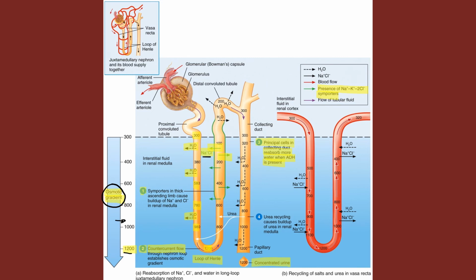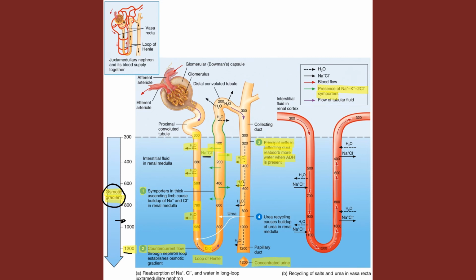So if you are losing a lot of water through sweat, or you're consuming a lot less water throughout the day, antidiuretic hormone is going to be high, and that's going to cause those principal cells in the collecting duct to increase their permeability to water, and water is going to very quickly then move out by osmosis into the interstitial fluid and then into the vasa recta.